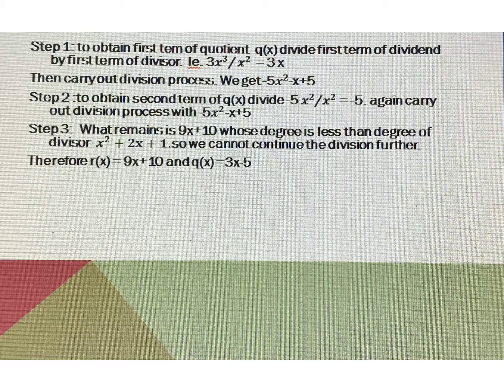Now here you can see that the degree of this 9x plus 10 is 1, which is less than the degree of the divisor, that is x square plus 2x plus 1. So we won't be able to carry out the division process further, and we'll get the remainder as r of x is equal to 9x plus 10, and our quotient is 3x minus 5.